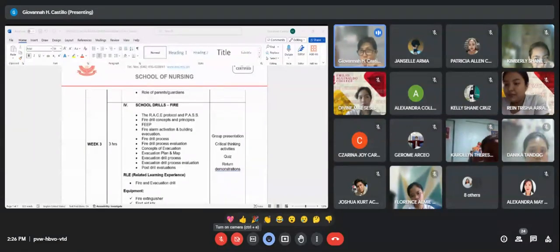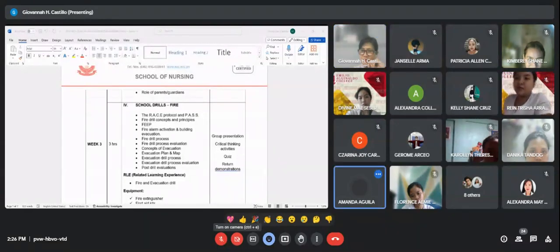Meron dyan, how to use fire extinguisher. Nandyan yung mnemonic na PASS. What is P? Pull. Tapos, A is Aim. Aim yan. So, kung paano gamitin yan. Tapos, yung S is Squeeze. And another S is to Sweep. Sweep na yung laman ng fire extinguisher.